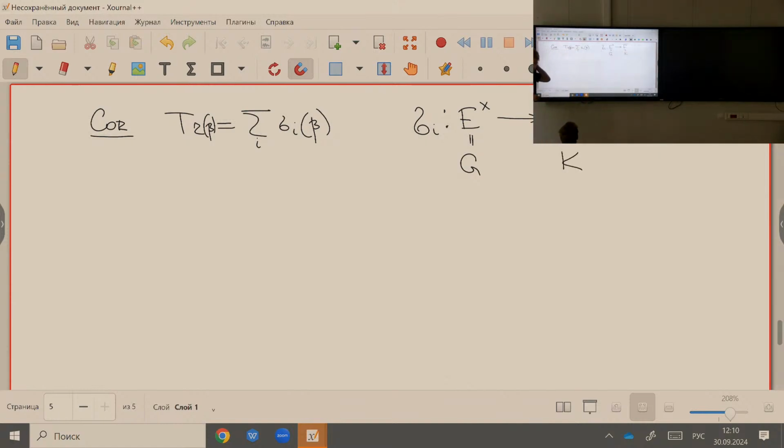So you have characters. So embeddings are tautologically characters. Even if their images are the same, what is important is that they behave differently on the elements of the group. And this is a particular linear combination, so the trace of beta is non-zero for some beta.